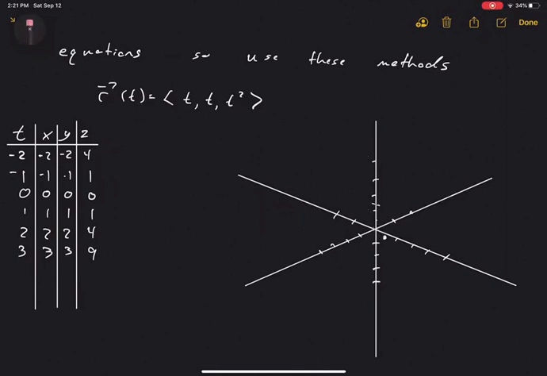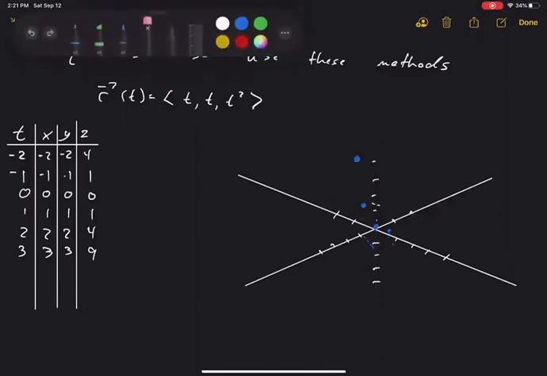Let's do these in blue. Spice things up a bit. Boom. Boom. Boom. Boom. My 3D drawing skills are lacking as always.